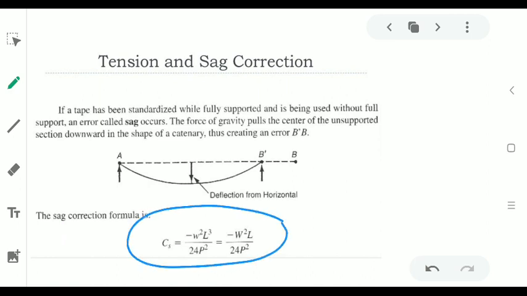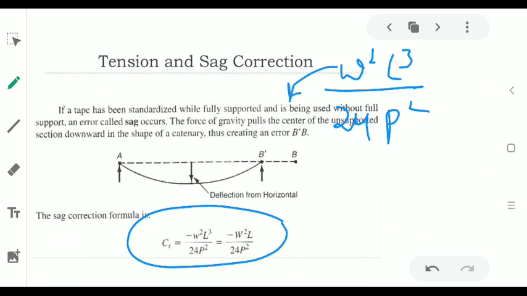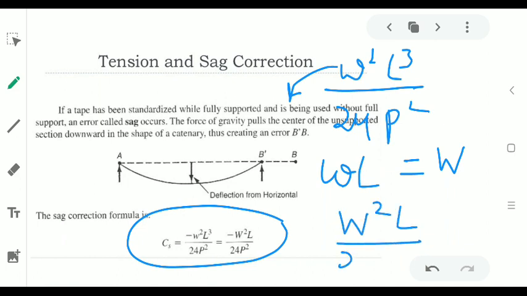It can be written as W square L cube upon 24 P square, where W is the weight of chain per meter length, और अगर हम WL को, that is the weight of chain per meter length into L करेंगे तो we will get the value of chain. So it can also be written as W square L upon 24 P square.